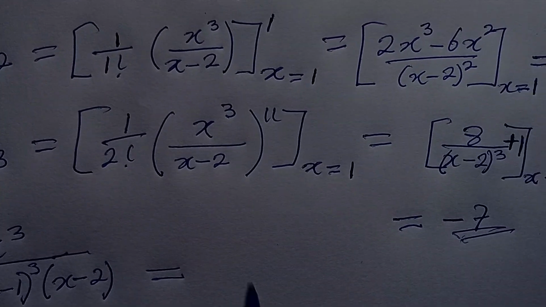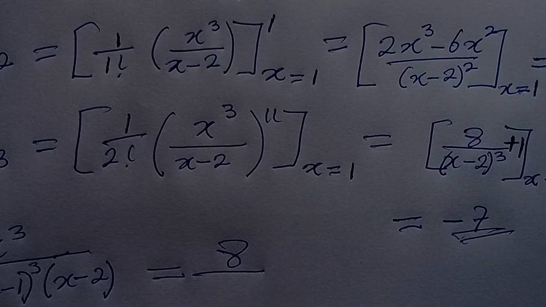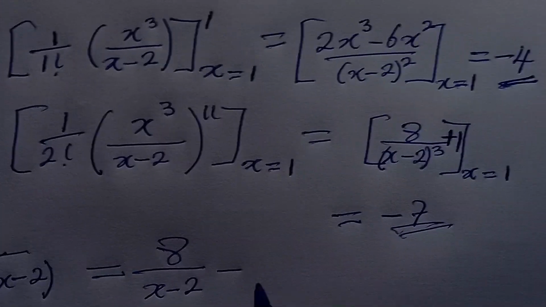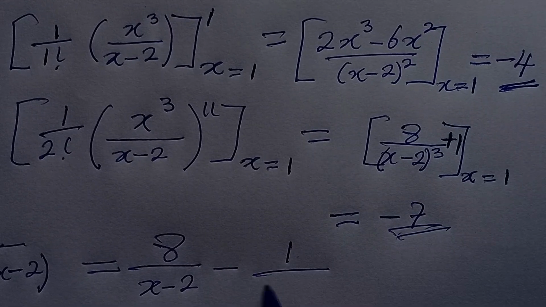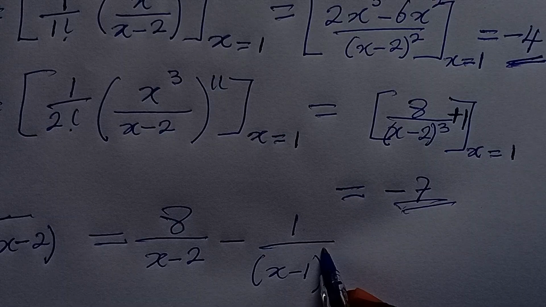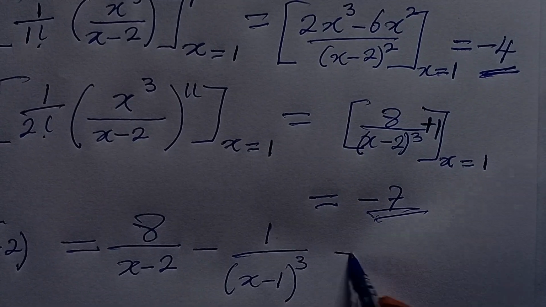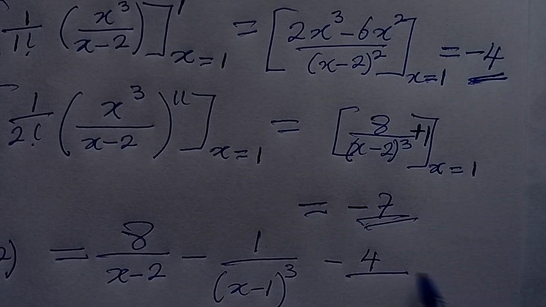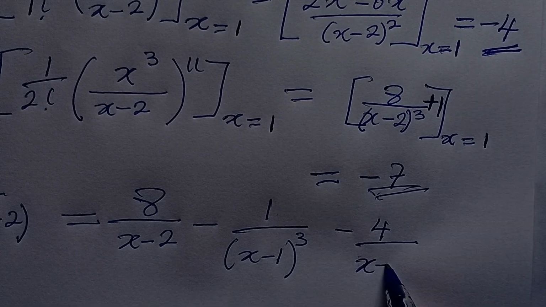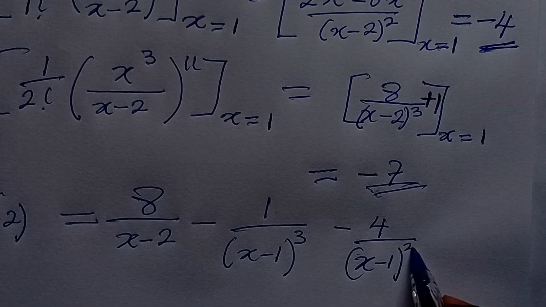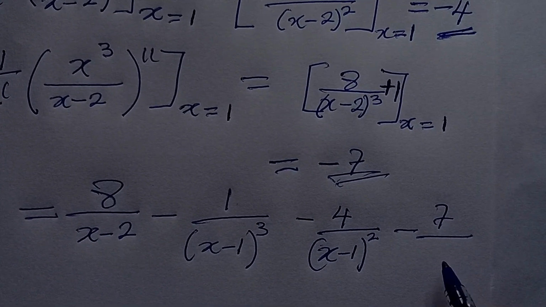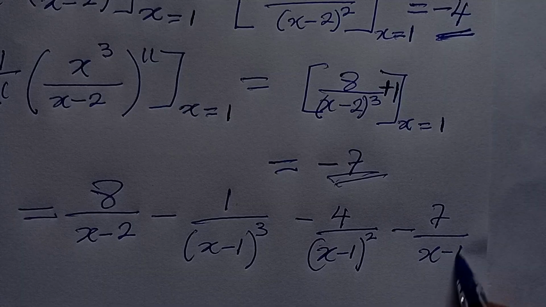So if we do that, we're going to have this to be 8 all over x minus 2, then minus 1 all over bracket x minus 1 all raised to the power of 3, then minus 4 all over x minus 1 all raised to the power of 2, then minus 7 all over x minus 1.